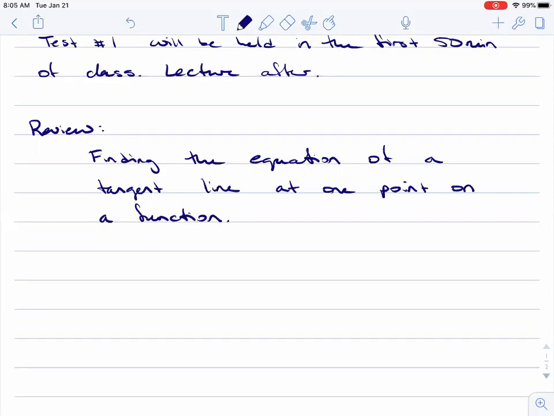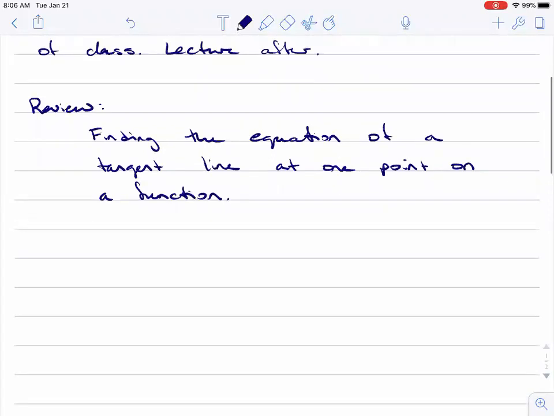To do that, the first thing we had to do was figure out what the slope was, right? And to figure out what the slope was, well, we can't just find the slope at one single point. And so what we did was we used the secant line to connect 2 points closer and closer to the point that we're interested in.